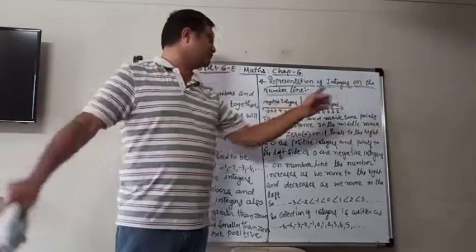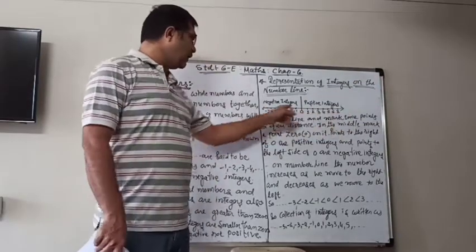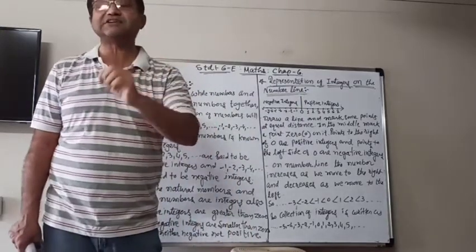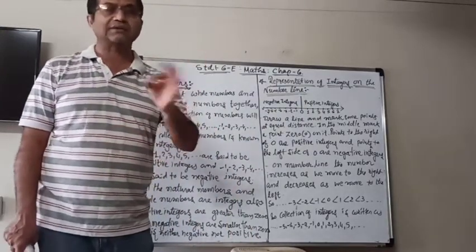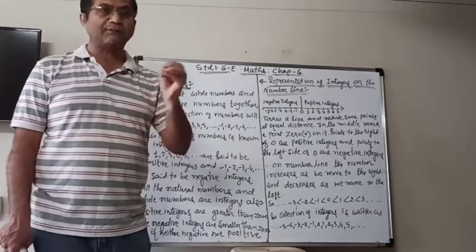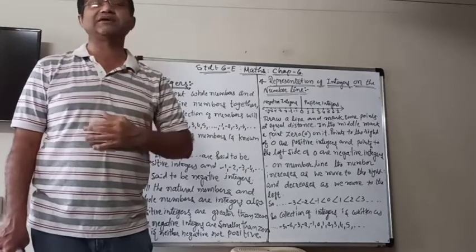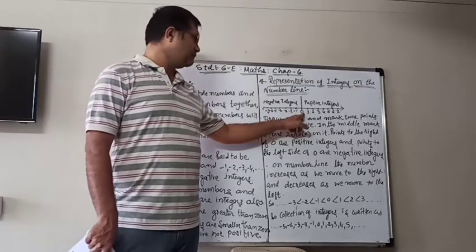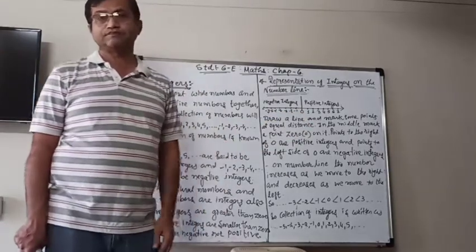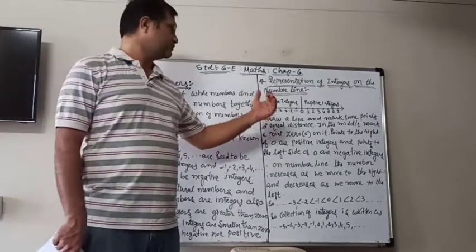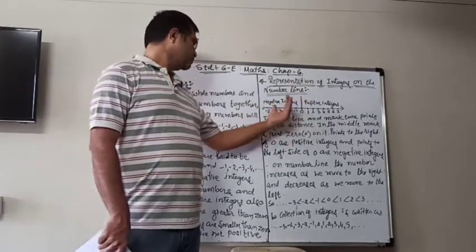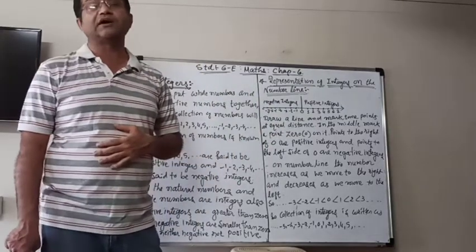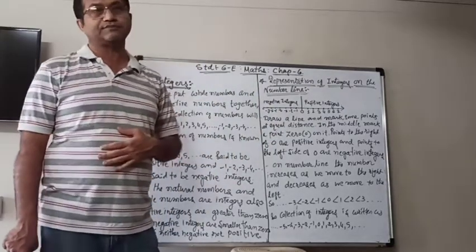We have to draw a line, and on that line mark points at equal distance, and in the middle mark 0. Then on the left side and right side, you put the other positive and negative numbers.